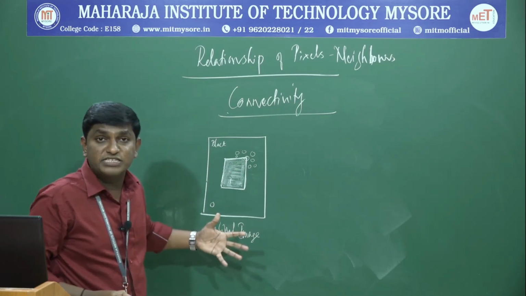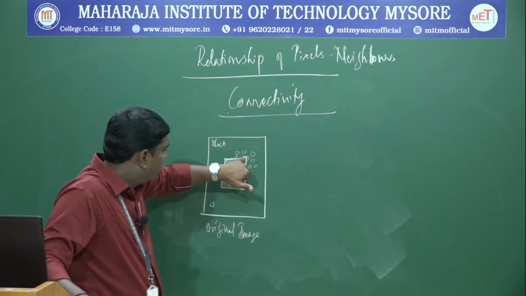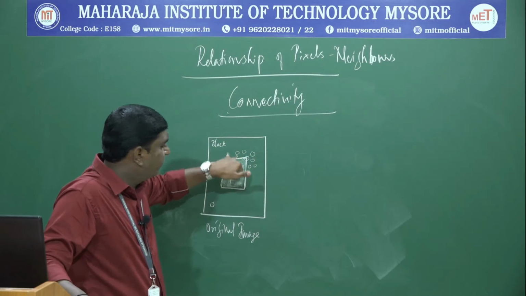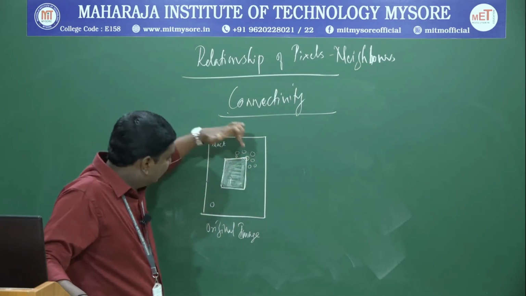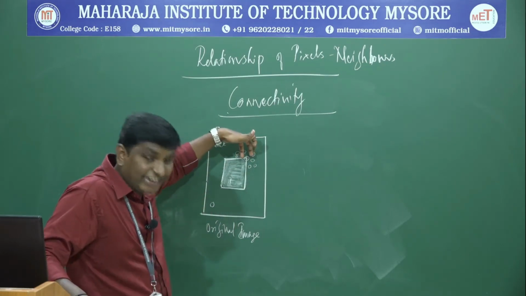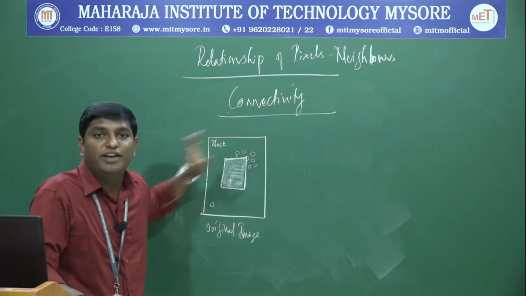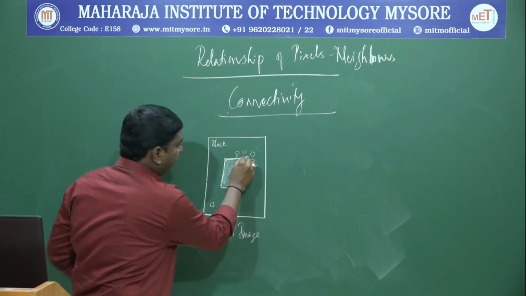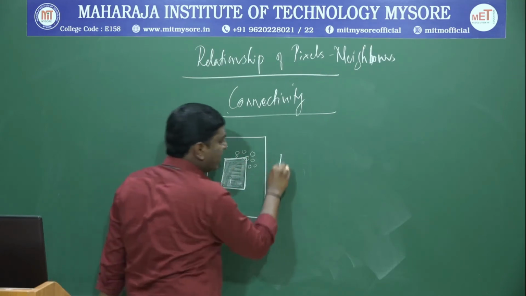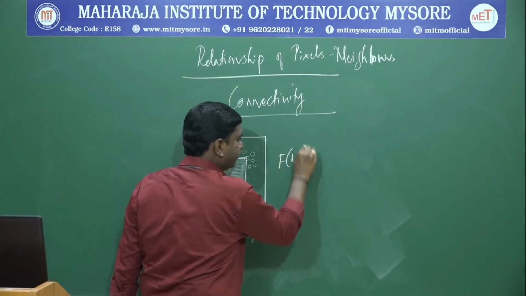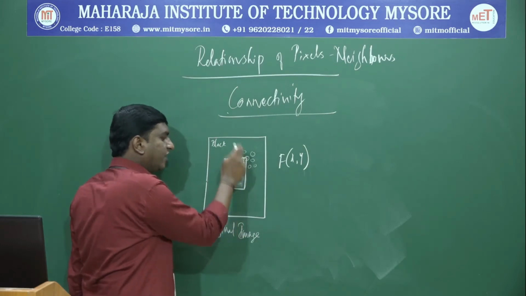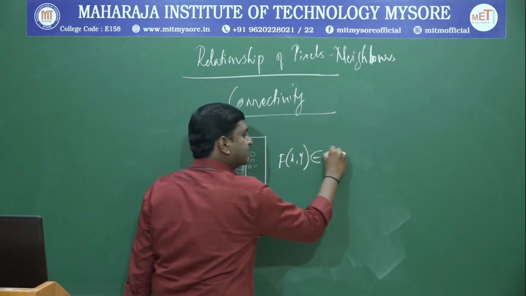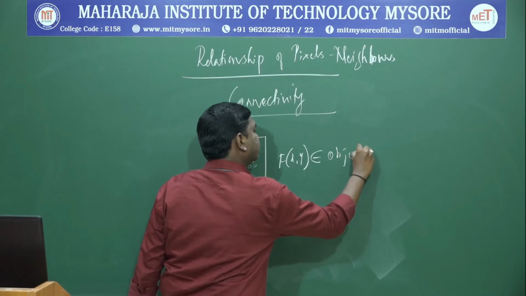What are its neighbor pixel values? Suppose this is 1, whatever the neighbor pixel values, if it is 0, we consider that this pixel is not connected to the neighbor pixels. Put it another way round. If I take this value of a pixel as f of xy, if it is 1, we will call it as belonging to an object.